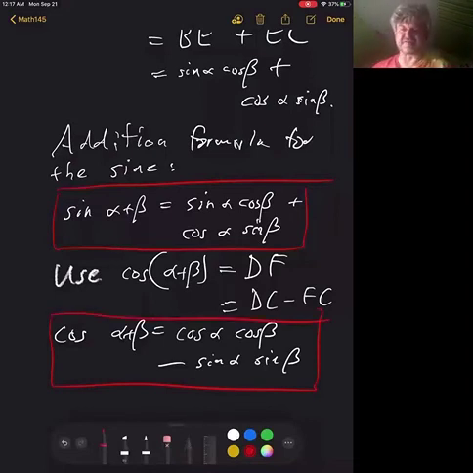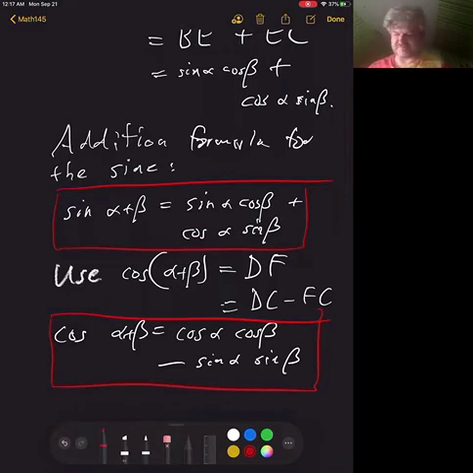Those two formulas are basic. Notice the patterns in there, the kind of X pattern with the sines and cosines switching places for the sine formula, and the kind of parallel pattern, cosine cosine versus sine sine with a negative sign in the middle for the cosine formula.